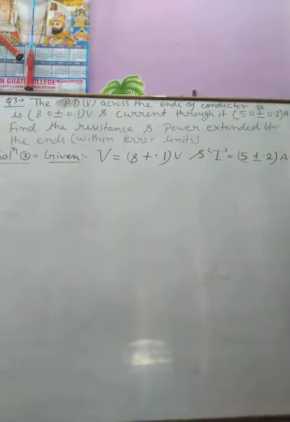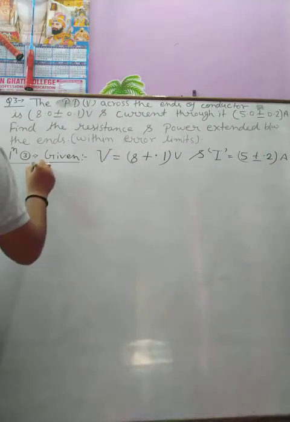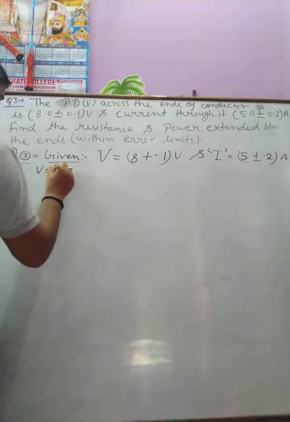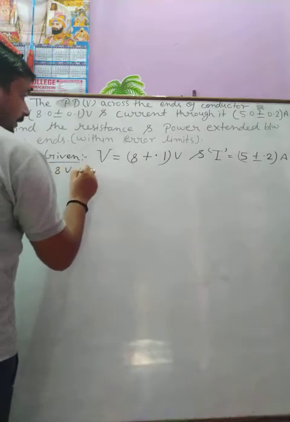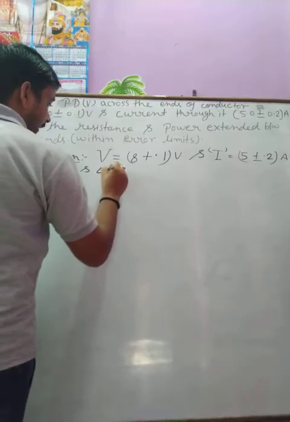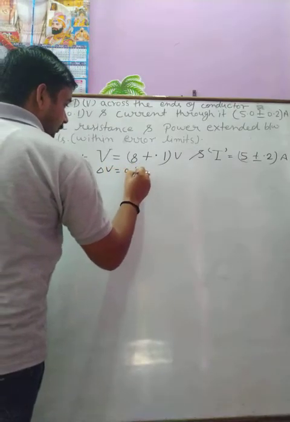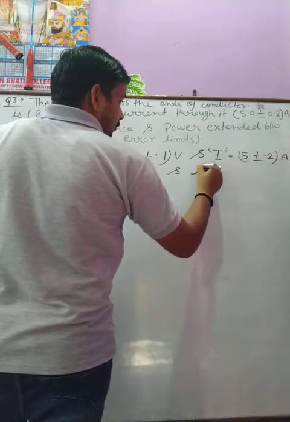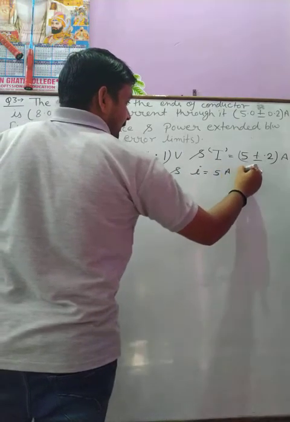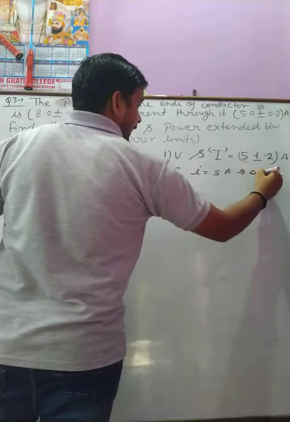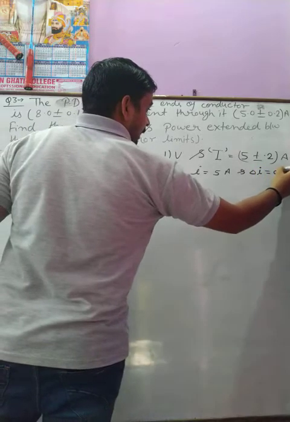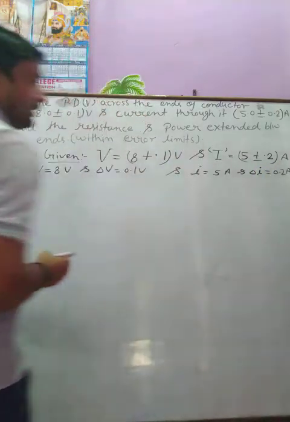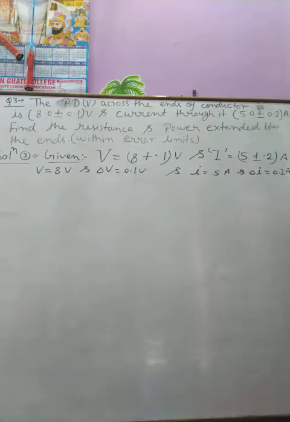Now student, we have here V is equal to 8 volt and del V is equal to 0.1 volt, and next I is equal to 5 ampere and del I is equal to 0.2 ampere. This we have.